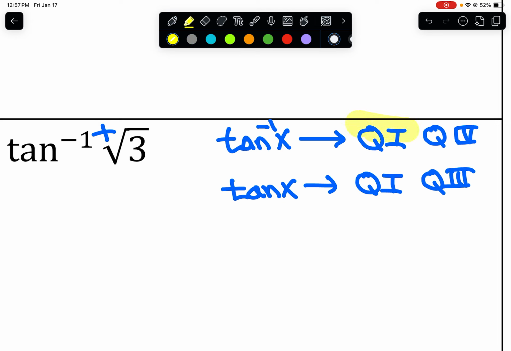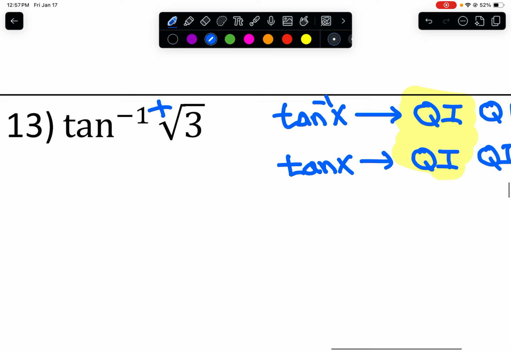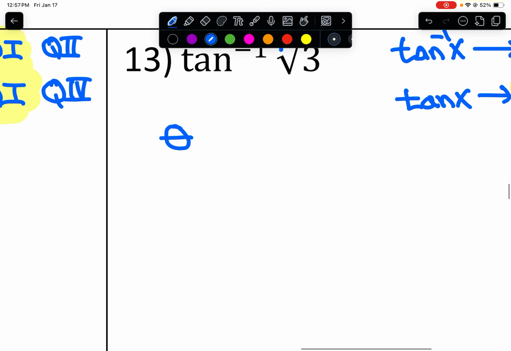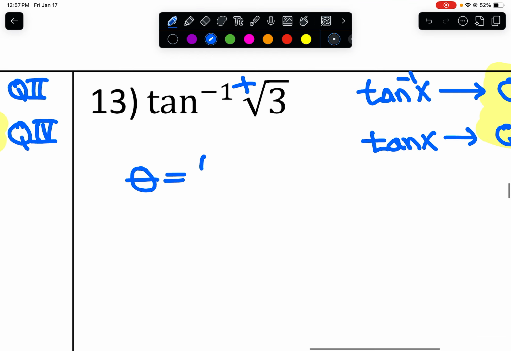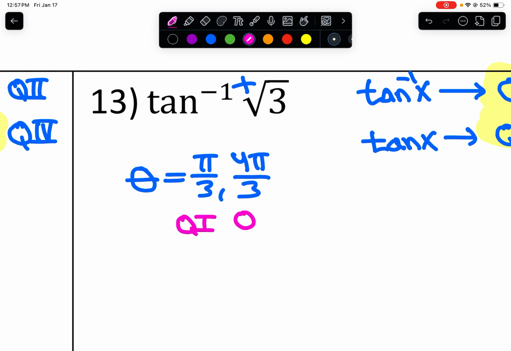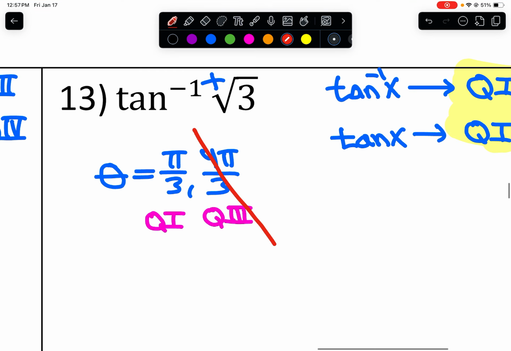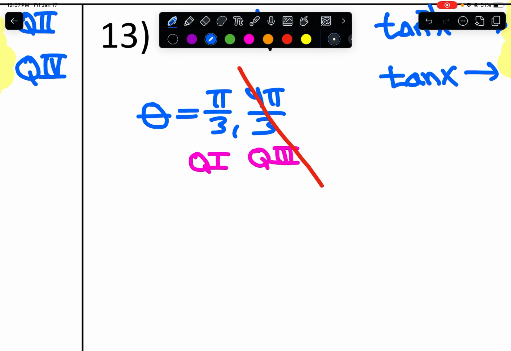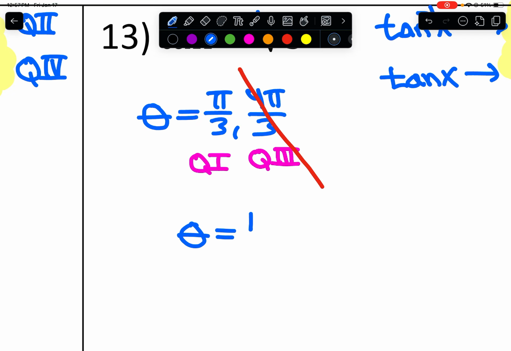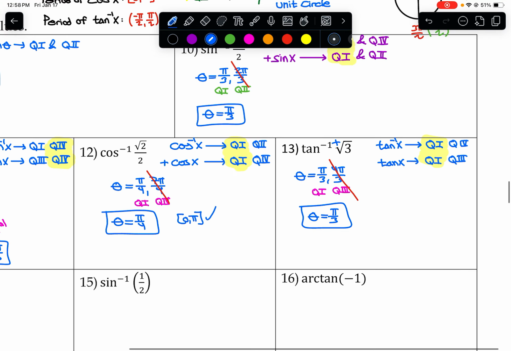So my common quadrant here is going to be quadrant 1. When tangent theta is equal to positive root 3, that's going to be at pi over 3 or 4 pi over 3. Pi over 3 is in quadrant 1, whereas 4 pi over 3 is in quadrant 3. So I only want my quadrant 1 value. I'm going to disregard the 4 pi over 3, and I only want pi over 3. So that would be your answer for this one.